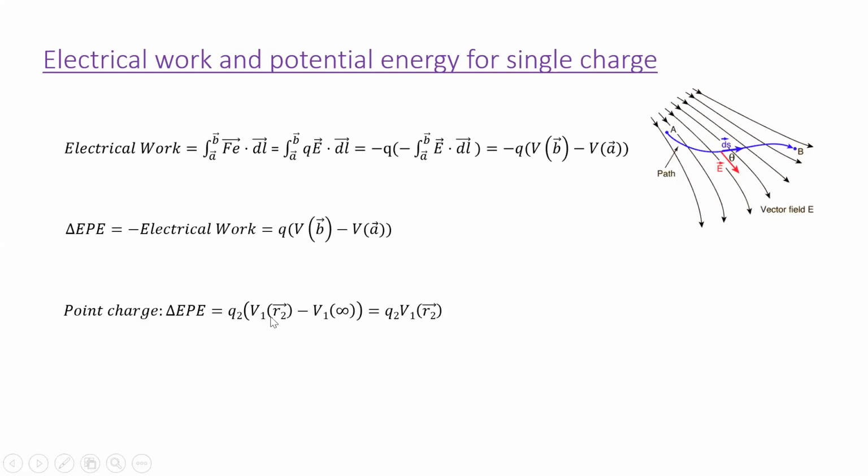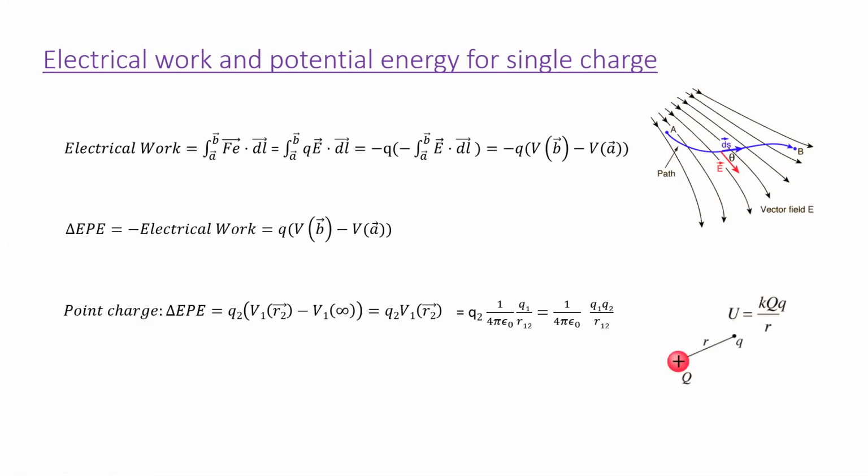V1 at the location of our second charge minus V1 at our reference point for the potential of the point charge, which is at infinity. We know that for the point charge, we set the reference at infinity. So we have Q2, the charge which is experiencing the field, times V1, the electric potential of the point charge at the location of that charge.